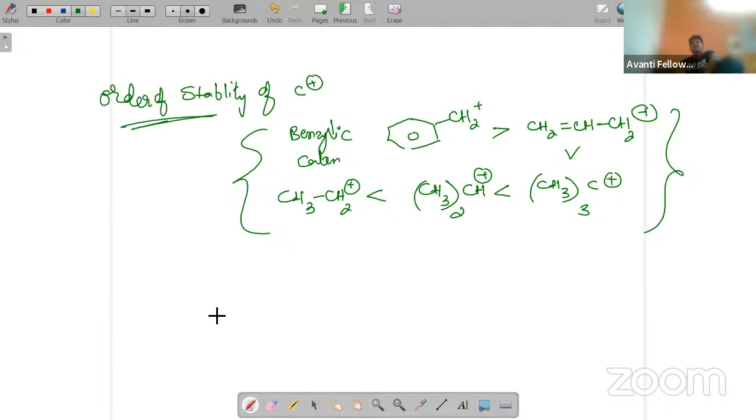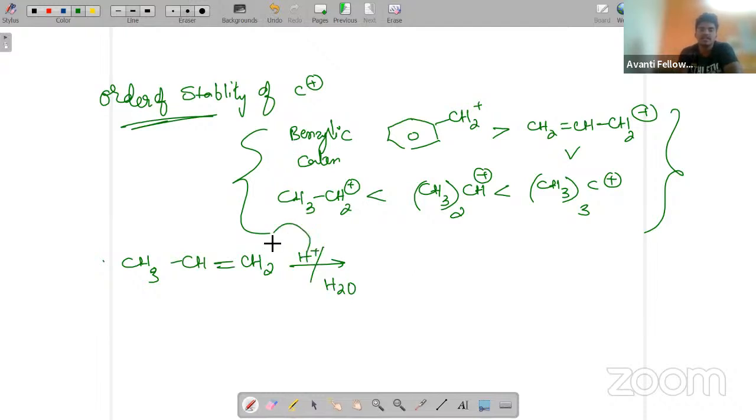So now everyone needs to remember that whenever a carbocation is forming, if you see this reaction, CH3-CH=CH2, if I am doing H plus in the presence of H2O, what happens first? H plus will attack the carbon which has more hydrogens.